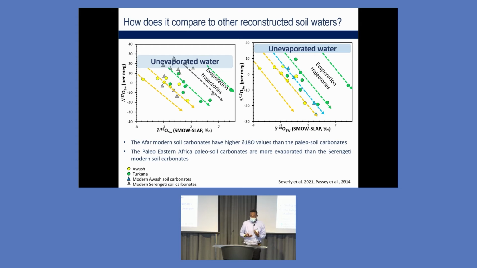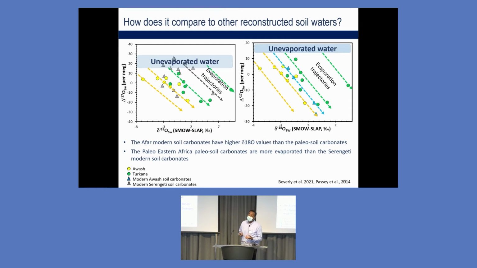And we have tried to see how that compares to other studies. As I mentioned, the lab we have is very special, and many studies haven't been done on this topic. So the data we have are very much limited. And we have compared it with the modern soil carbonate analysis in Serengeti, and we have seen some relationship: the Serengeti samples represented by the gray triangle correspond to some of the Afar samples, and some of them have a different trajectory.